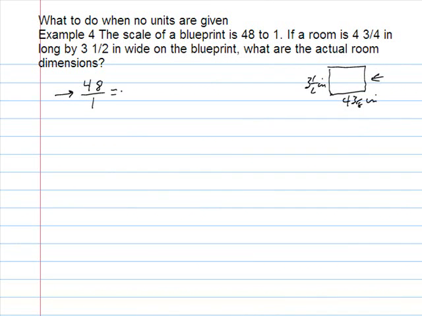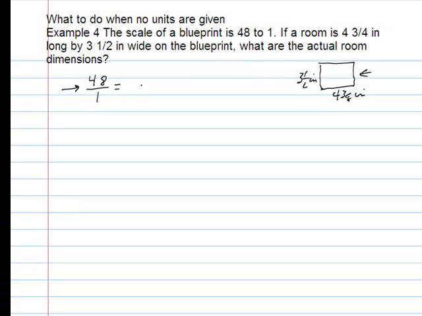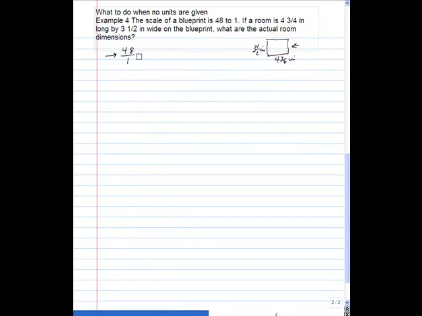So what we're going to do is not try to establish a ratio between the length and width. That's not a constant ratio. We'll use our constant ratio to establish the length, and then we'll use it a second time to establish the width. So I have 48 to 1. Now, when you don't have any units, stick something in there to serve as units.